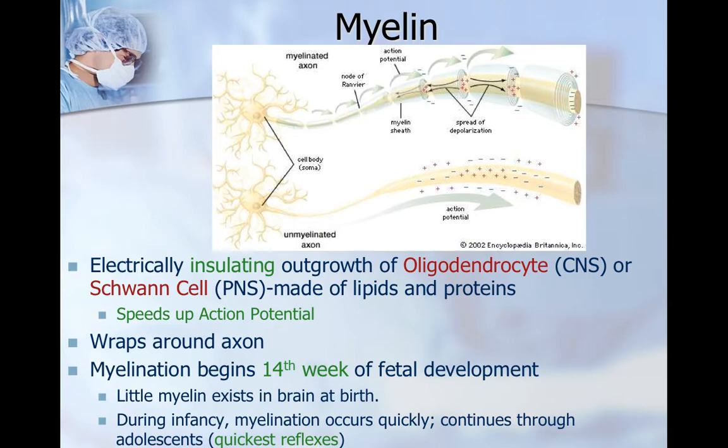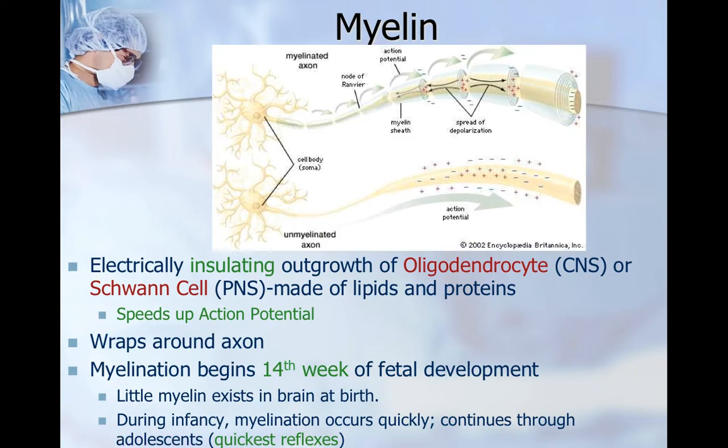It wraps around the axon of the cells, and whenever an embryo or fetus is developing, myelination begins at the 14th week of development. Now, a little bit of myelin exists in the brain at birth, but then during infancy, as the child continues to grow and develop, myelination occurs quickly.